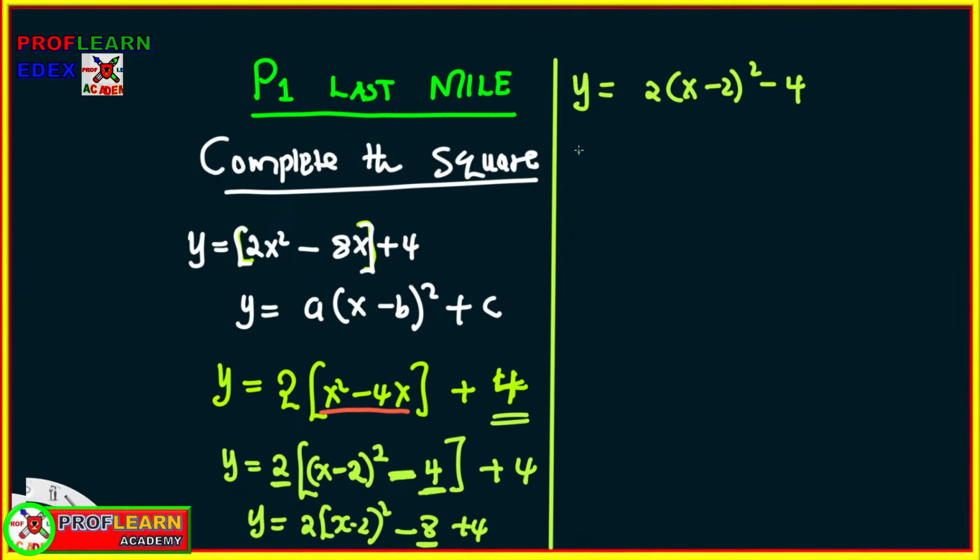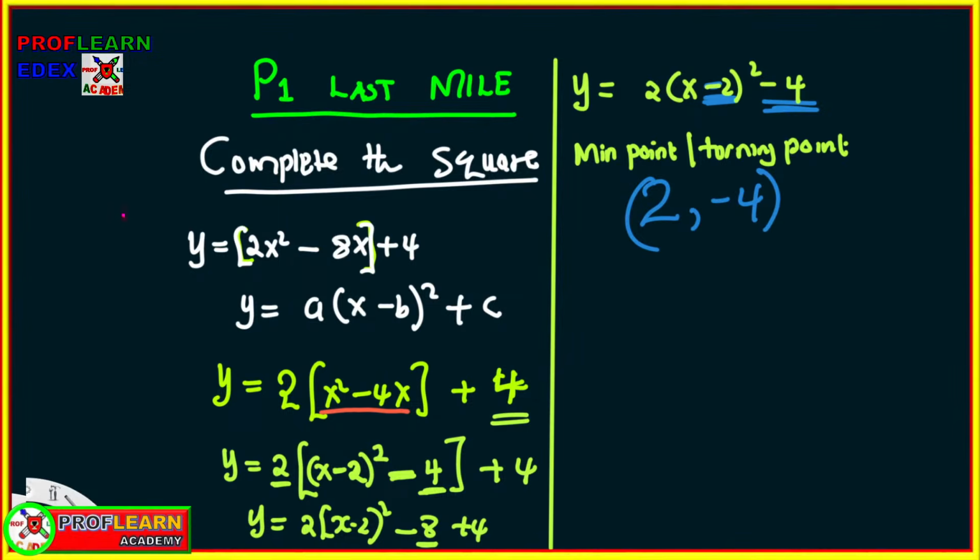So if you are told minimum point, we have a turning point that is going to be obtained from the number that you are having here and the number that we are having here. So you take the opposite sign of the sign that we are having in this case. So that's going to be positive 2, comma, negative 4.